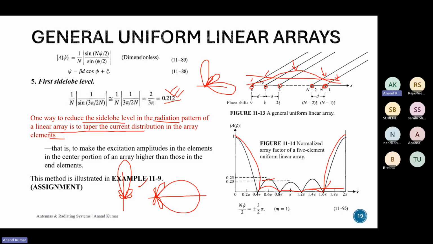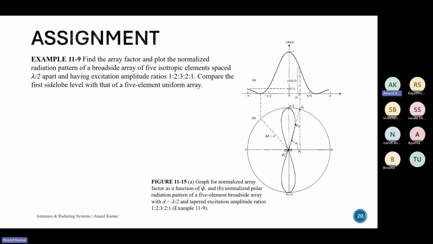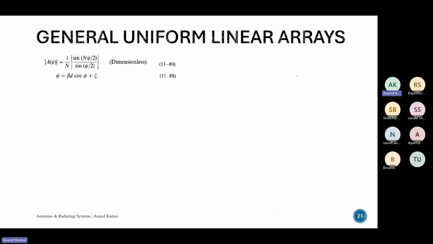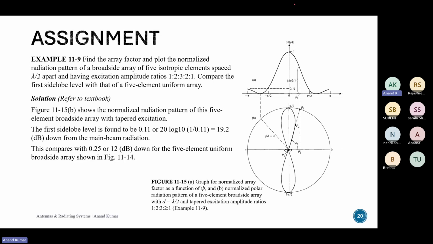Yeah. And so there is an example in the textbook which shows how, by tapering the current distribution among the array elements, we have lower side lobe levels. So this is the example. You can refer to the textbook for the complete solution, but let's just quickly go through it.